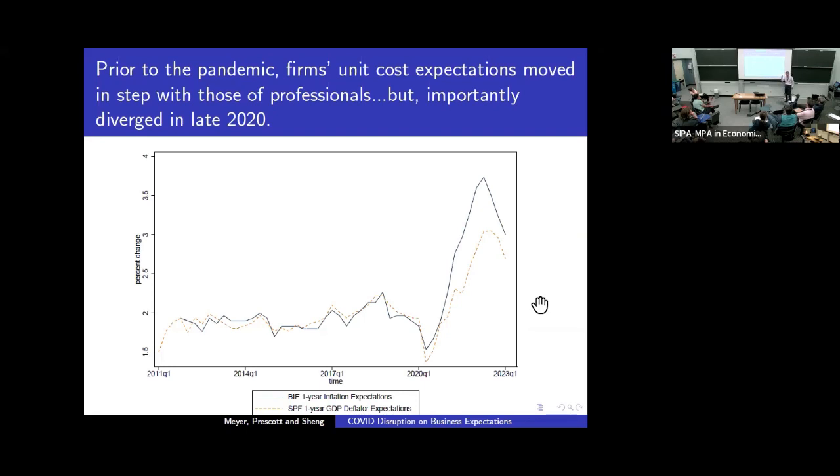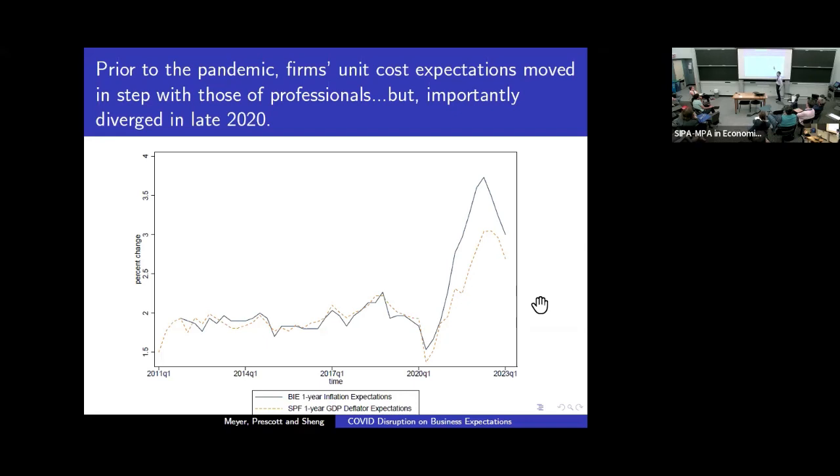Again, if you remember, this was in line with what many experts and policymakers told us at the end of 2021: hey, don't worry about inflation, it was only transitory. Okay, but on the other hand, look at the firms. Firms viewed supply chain disruptions and disruption to operating capacity as being much stronger and more persistent. So we see the divergence between firms' and professional forecasters' views.